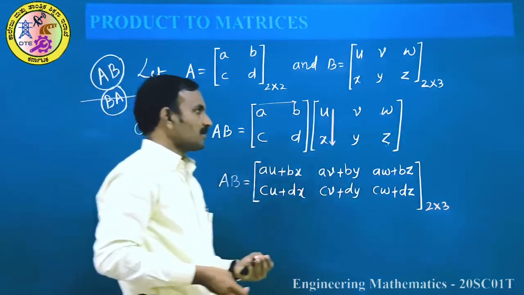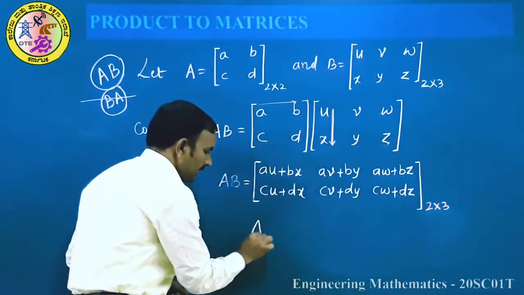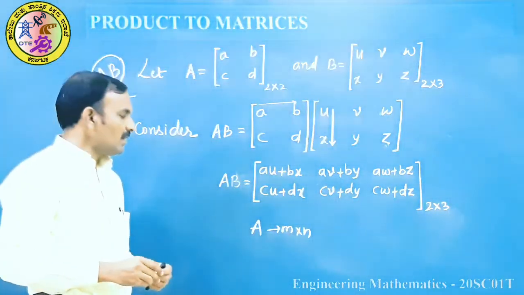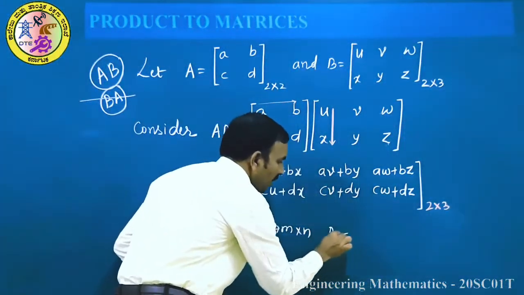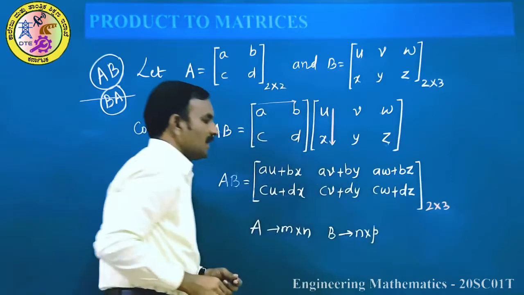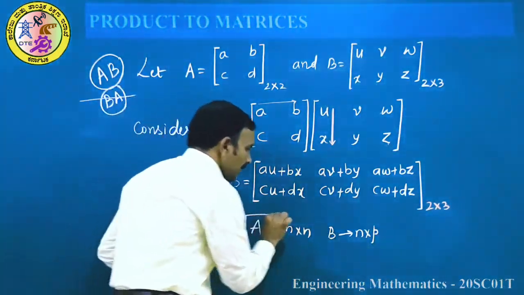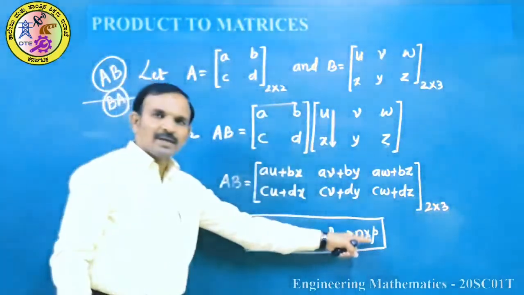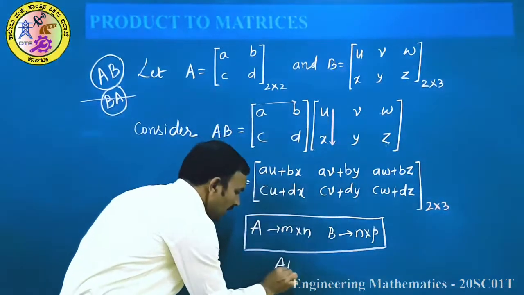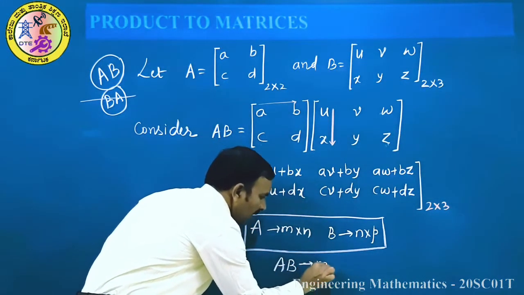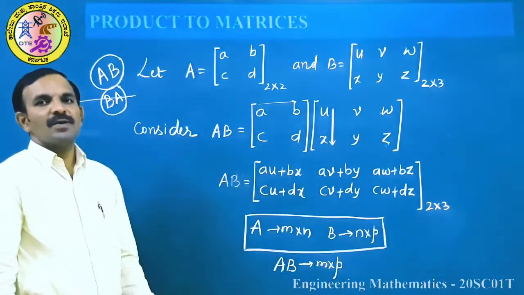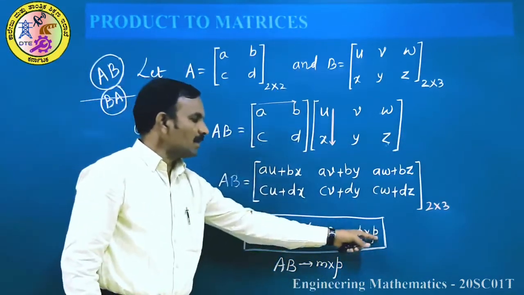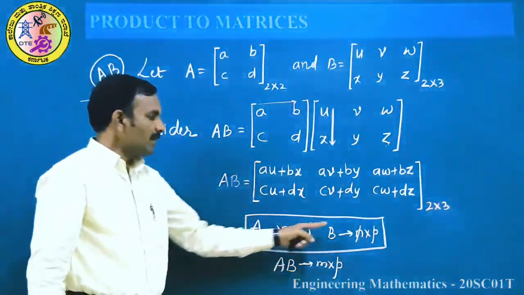In general, if A is a matrix of order m cross n and B is a matrix of order n cross p, then AB is a matrix of order m cross p. The n's cancel, and you get m cross p.